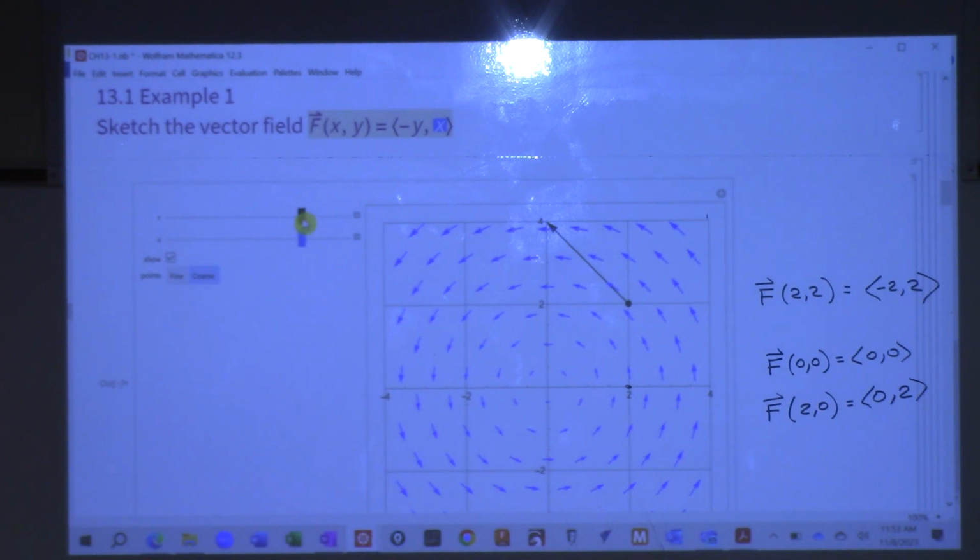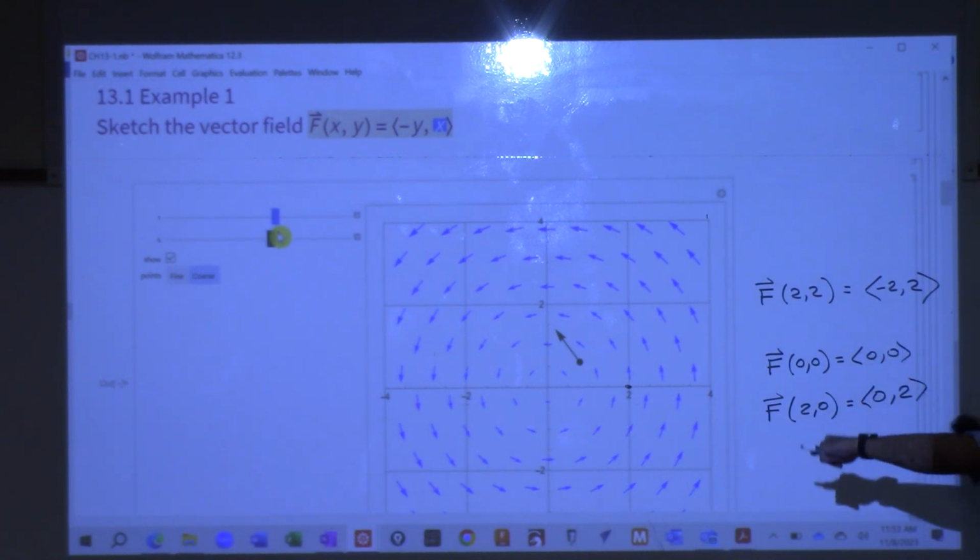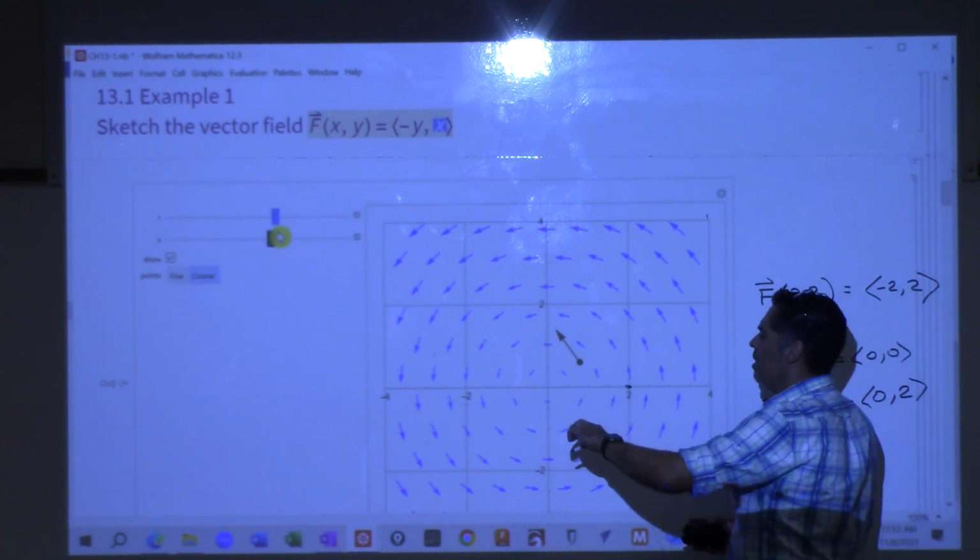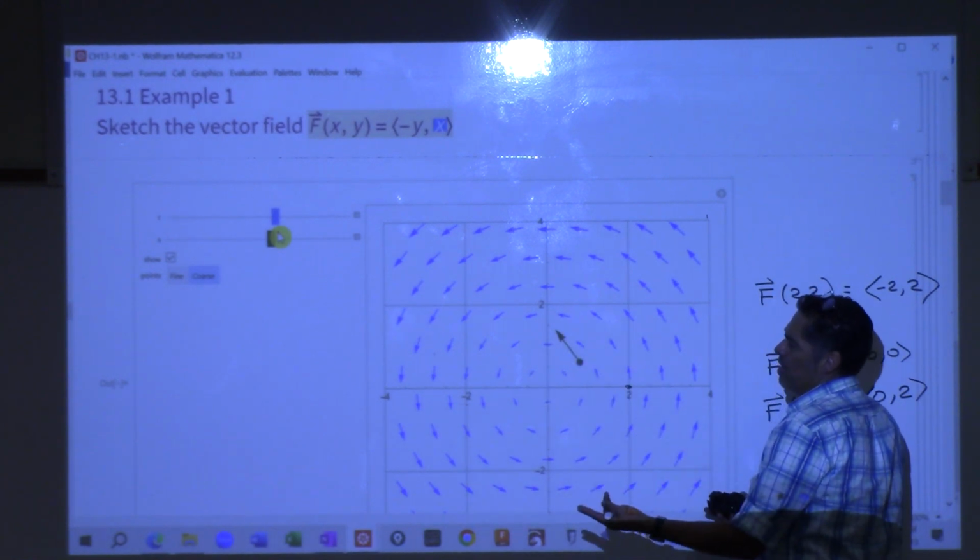Now, those are not drawn to scale. Obviously, at this point, I have a very long vector, right? What happens as I move closer to the origin? See what's happening to these vector lengths. They're getting smaller, right? But they all seem to be following this circular pattern. So this blue is kind of a representation of what's happening.